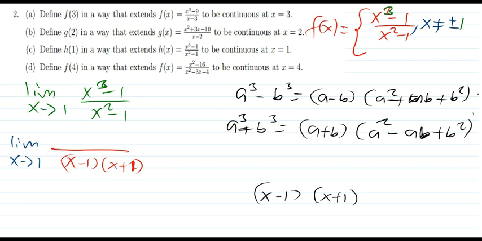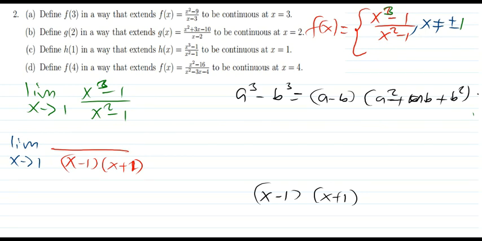Now let's see. I have x to the power 3 and 1 to the power 3. 1 to the power 3 is still 1. So I have x minus 1. Then here my a is x in that case, so x squared, plus my ab, so 1 times x is just x, then plus that other one, b squared, which is 1 squared, just 1.